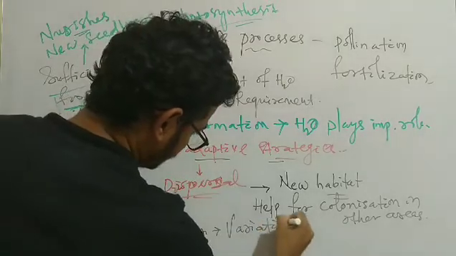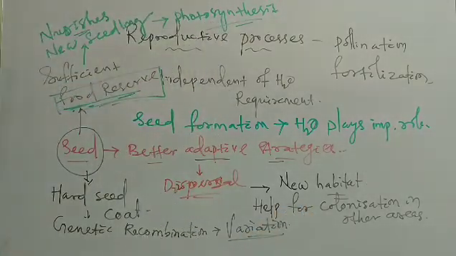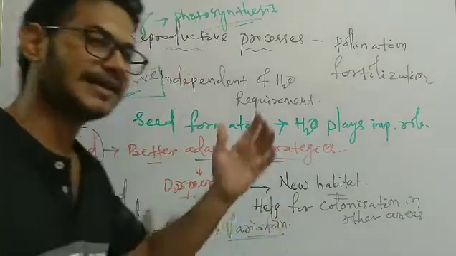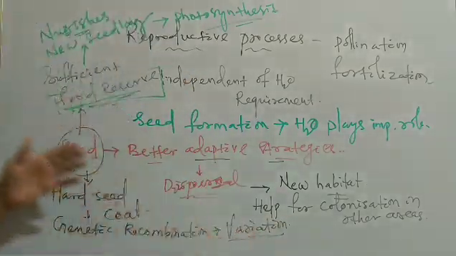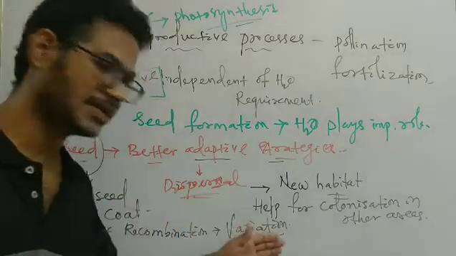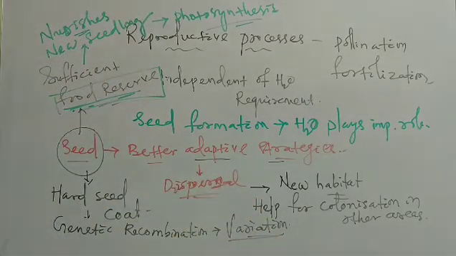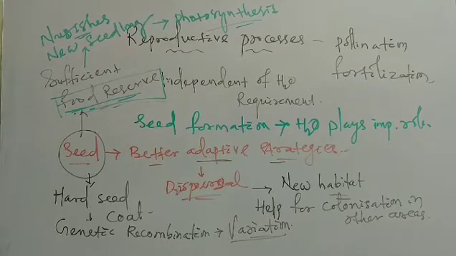So it leads to variation of the characteristics of the newly formed plant. Okay, so the new seedling may have different characters than its parental plant because it is a result of sexual reproduction, and variation is possible in this case.